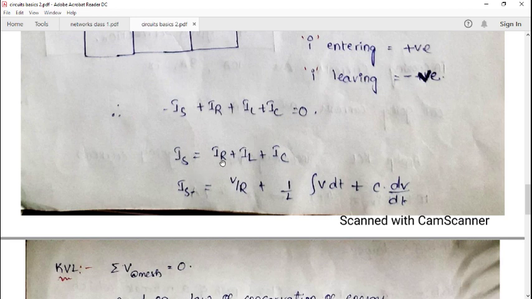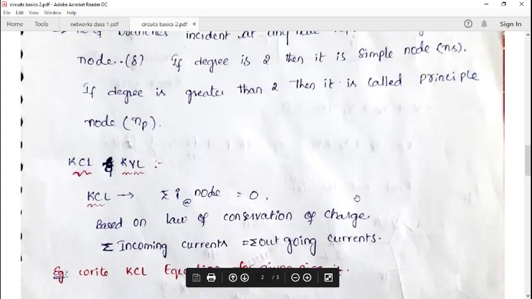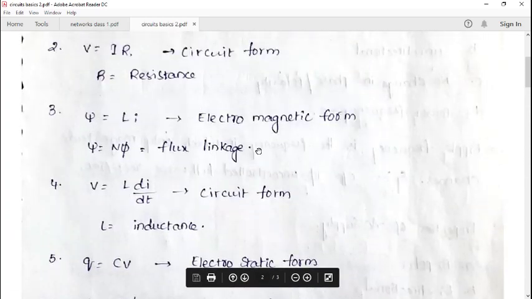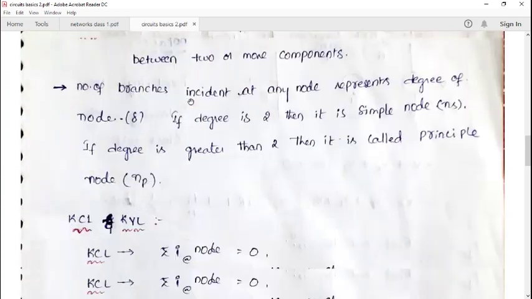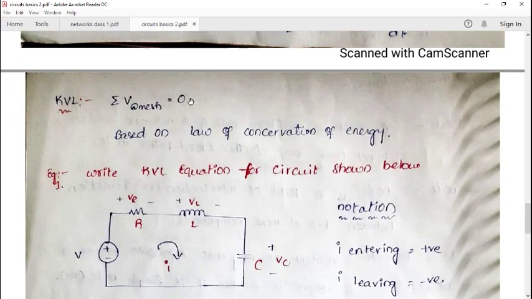So IS is IR plus IL plus IC. IS is V by R plus 1 by L into integral of V dt plus C dV by dt. We'll understand this later. I think you are familiar with these equations, which come from Ohm's law only. I equal to C dV by dt and V equal to L di by dt. Okay, that is the equation.